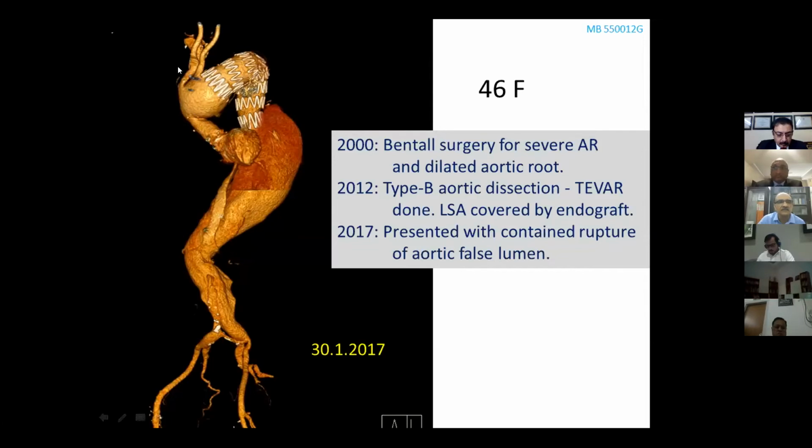Then there is some aneurysmal dilatation of the distal ascending and the arch. Then there is this endograft in the distal arch and upper descending aorta. And then there is this huge false lumen and a very narrow true lumen distal to that, going all the way to the iliac arteries.